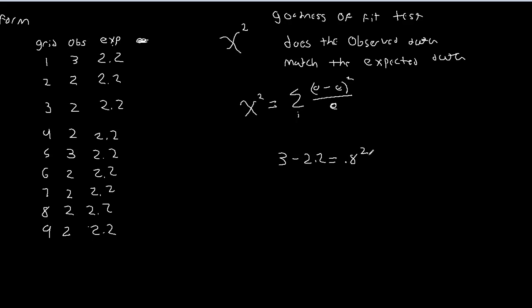Since these all look the same, I'm just going to do them once. 0.8 squared is going to be equal to 0.64. So we can have a column here called O minus E squared over E. This is the chi-square for each individual grid cell. And then we divide that by 2.2.